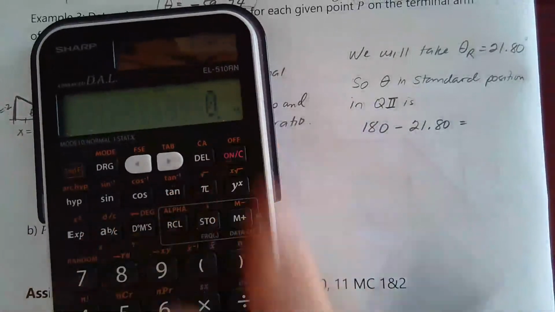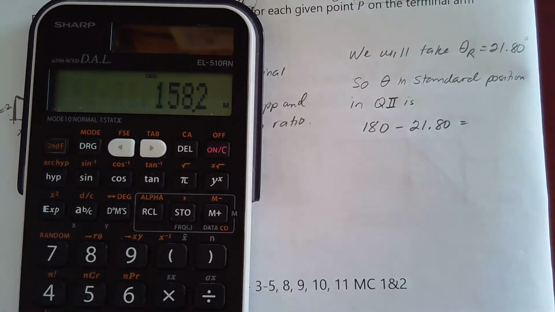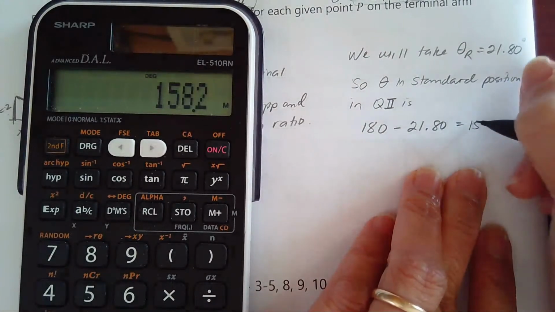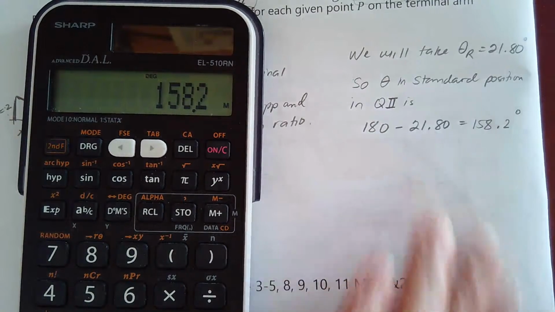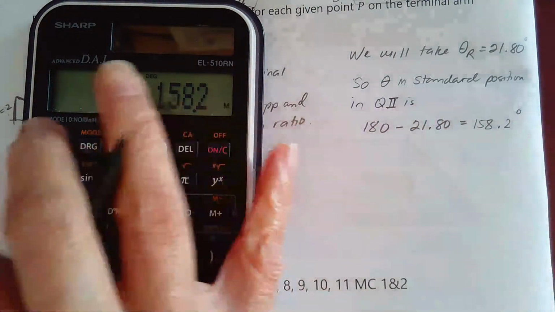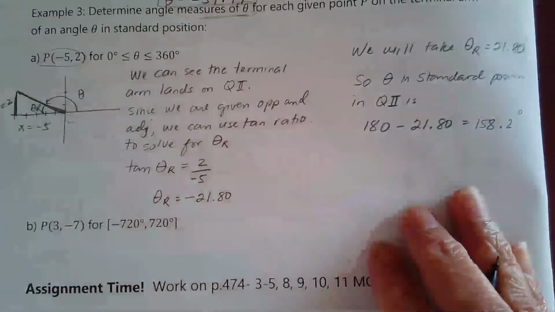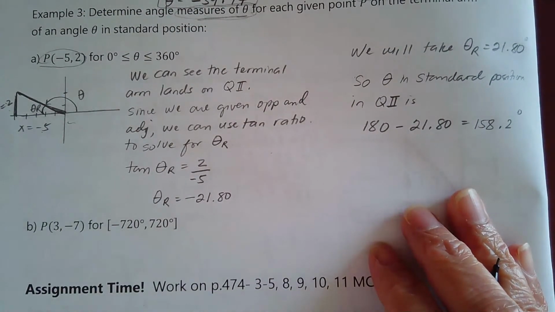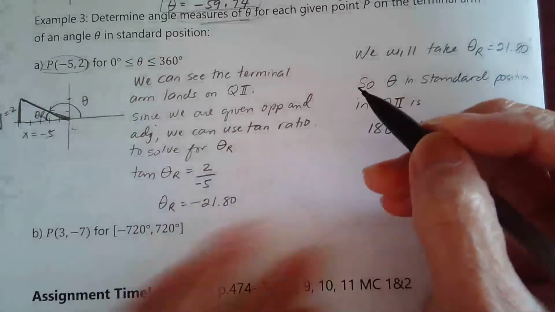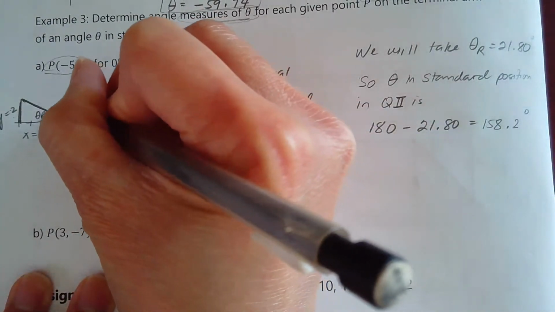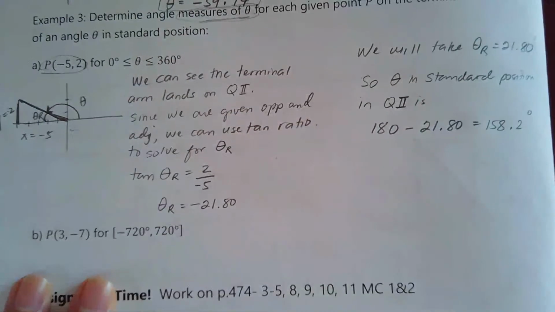So 180 minus 21.80. So it's going to be 158.2 degrees. So that means from here all the way to there is 158.2.